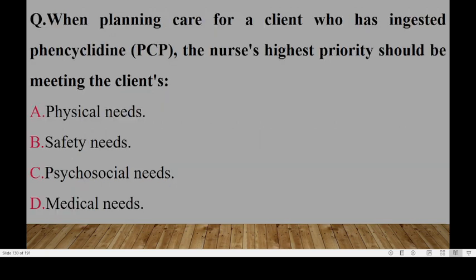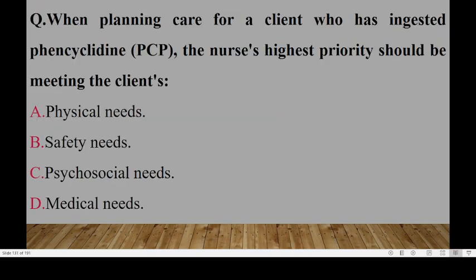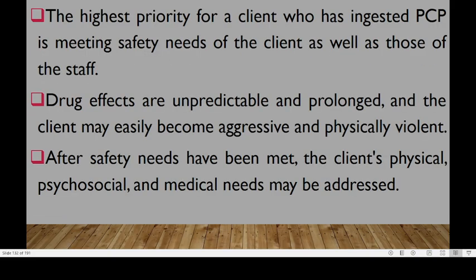When planning care for a client who has ingested phencyclidine, PCP, the client's highest priority will be meeting the physical needs, right? The highest priority is meeting the safety needs of the client as well as those of the staff.